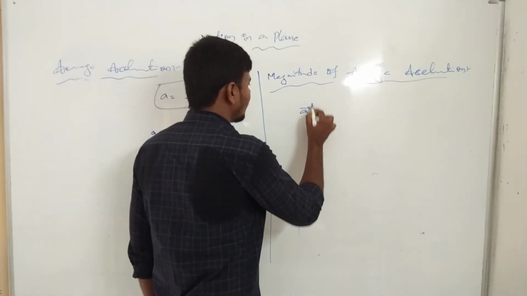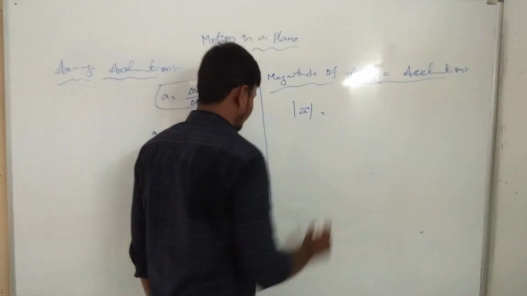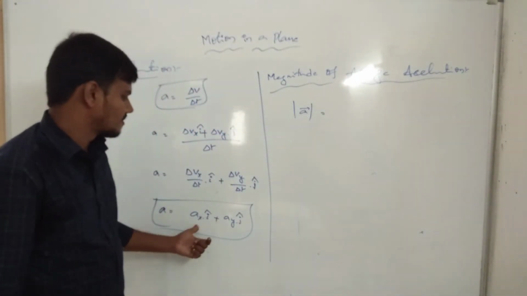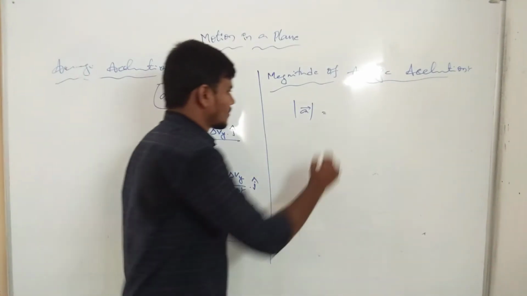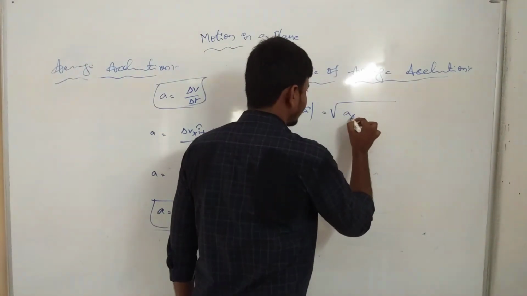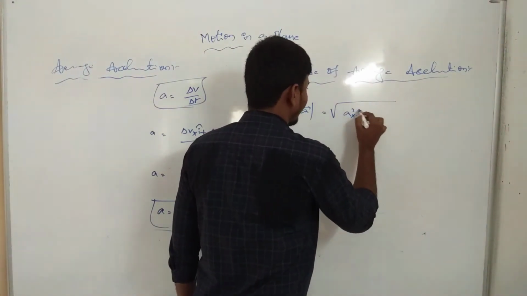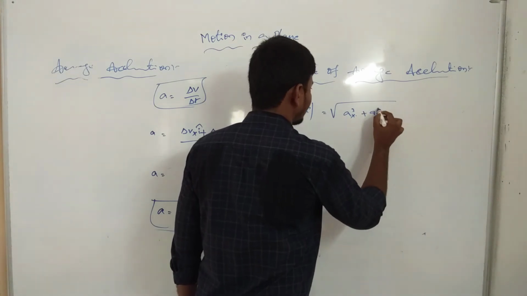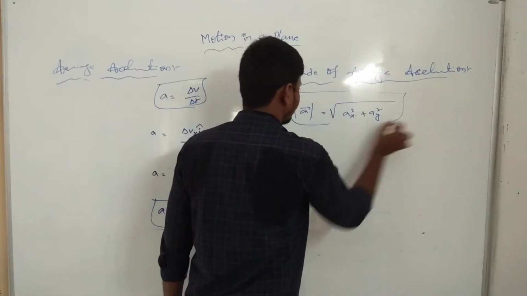Now mod A bar is equal to the square root of Ax square plus Ay square, with the two components Ax and Ay.